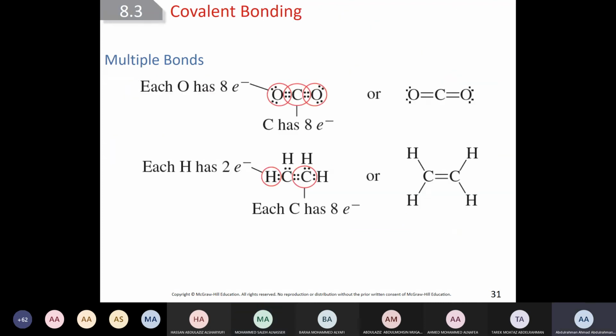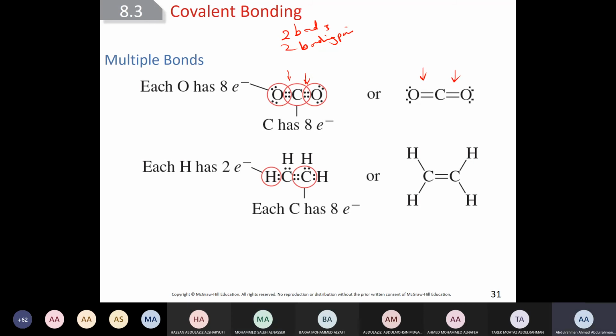Look at the structure. How many bonds between carbon and oxygen here? 2 bonds. How many bonding pairs? Two. How about this one? Same thing. We can draw it like this.